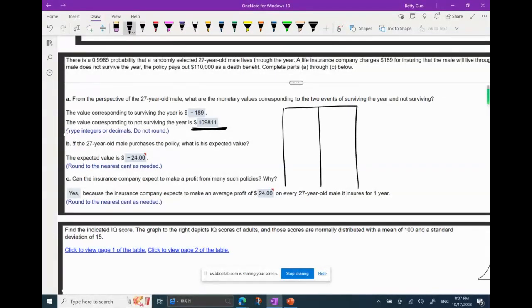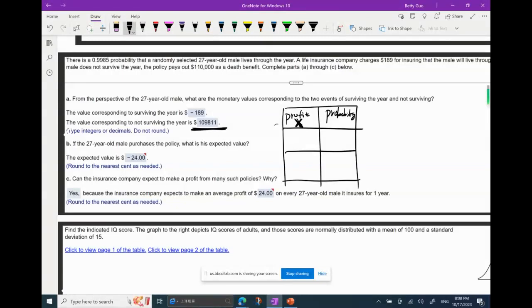A probability distribution table is a 2-column table. I'm going to use X to be the profit money-wise. And then the second column is the probability. We only have 2 cases, so we only need 2 rows.